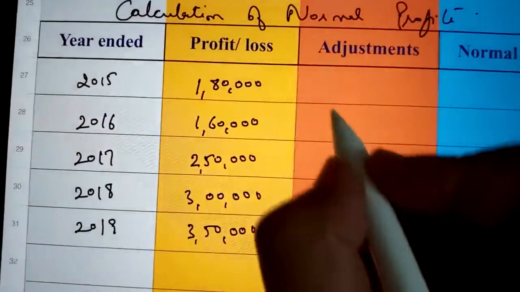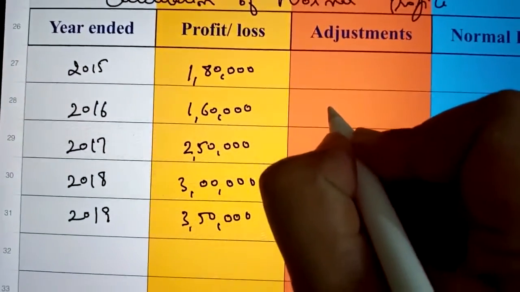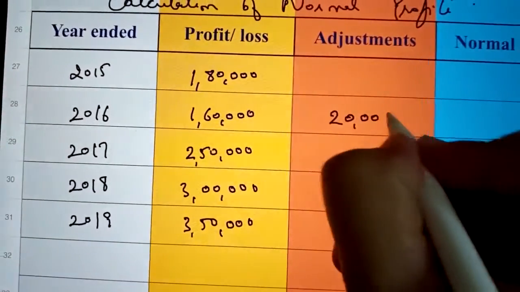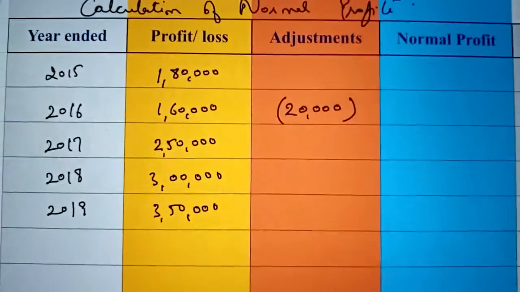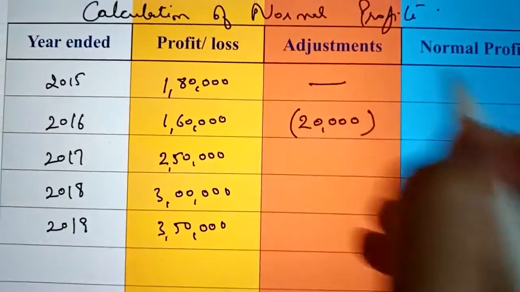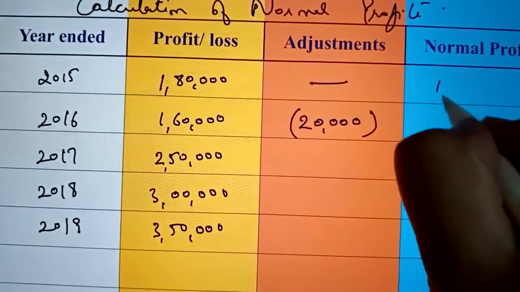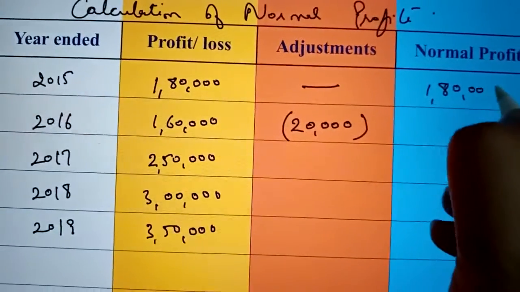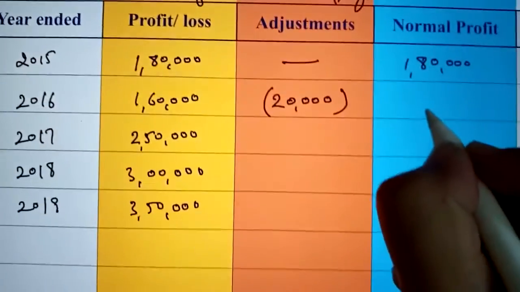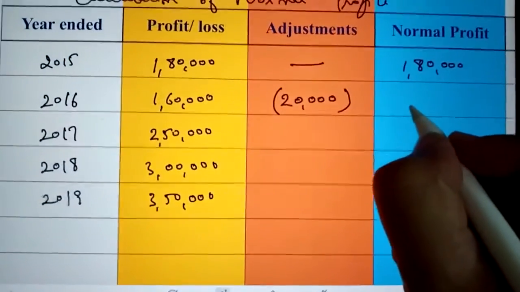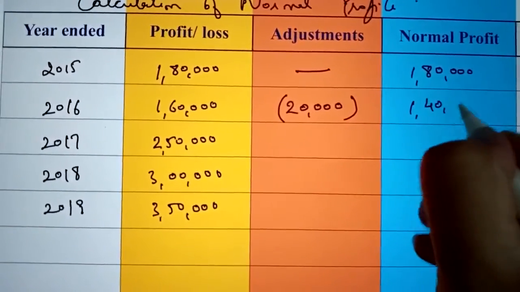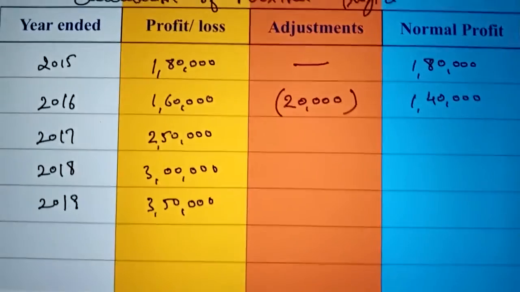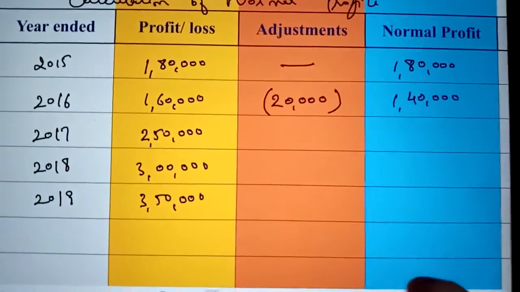Abnormal gain of rupees 20,000 should be deducted, so it should be written in a bracket, and no adjustment for 2015. So normal profit comes 1,80,000 for the year 2015. For the year 2016 it comes 1,40,000 after deducting 20,000 from 1,60,000.